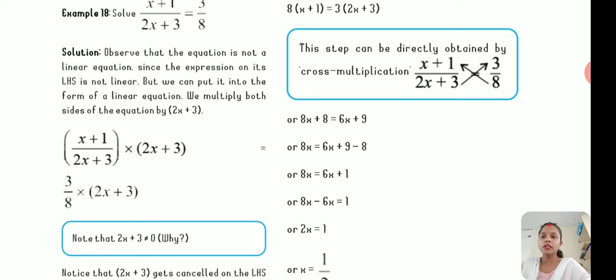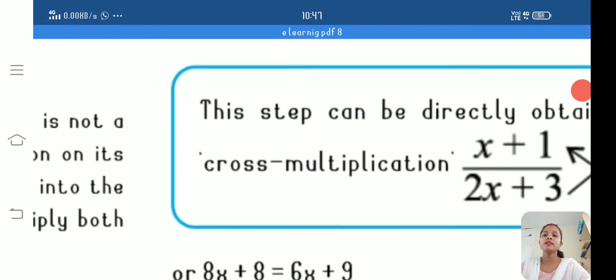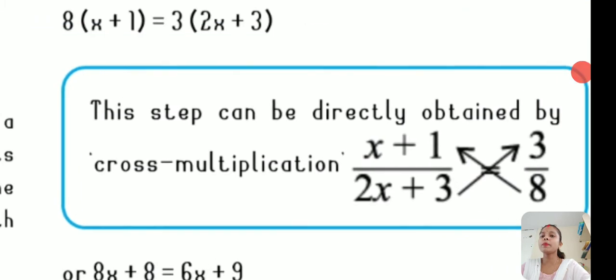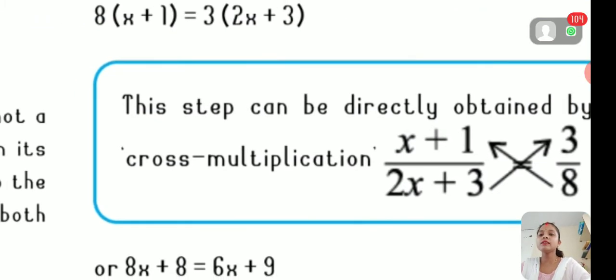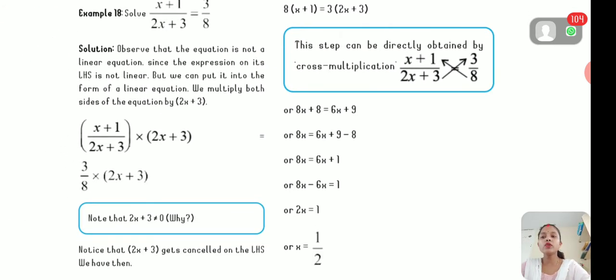Now see, there are two methods. First one is cross multiplication; the step in the box can be directly obtained by cross multiplication. This is one method. And in the other method, we can multiply both sides by the same denominator.